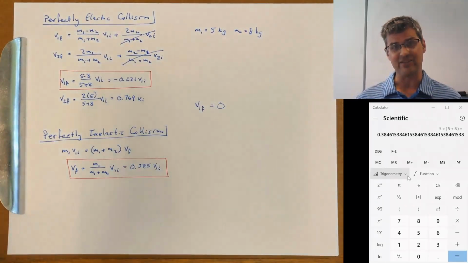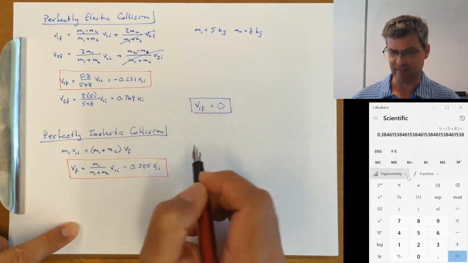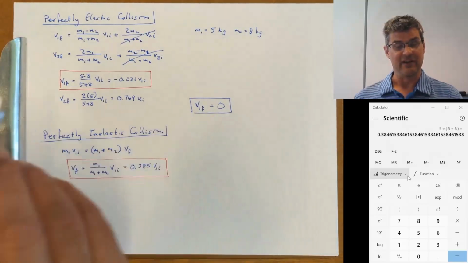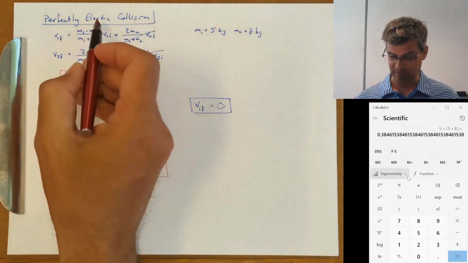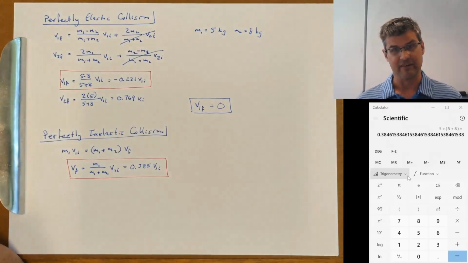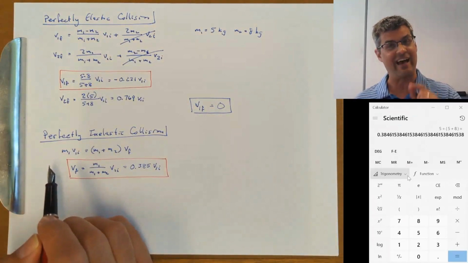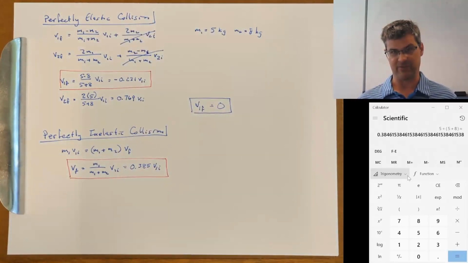So as I do this problem initially, I'm going to say that the speed of V1 after the collision is 0. This is not going to have conserved energy. This is not a perfectly elastic collision, but neither is it a perfectly inelastic collision. This is an allowed collision that's somewhere between these two extremes.